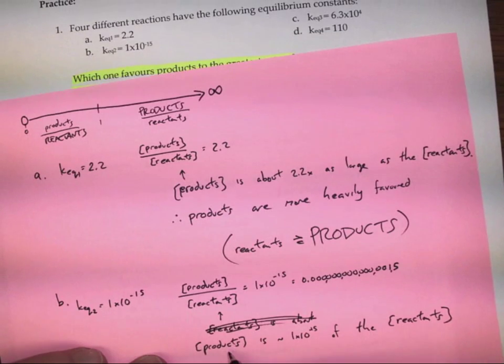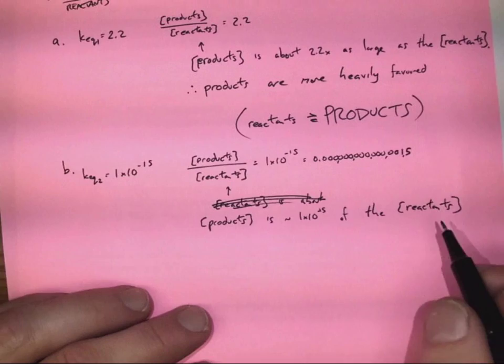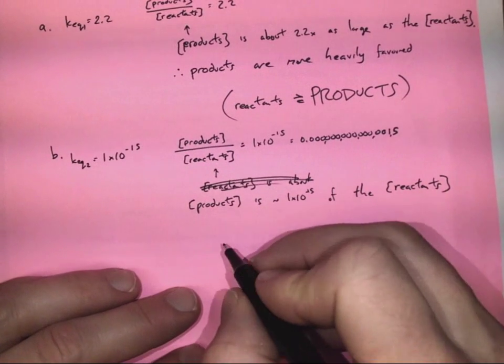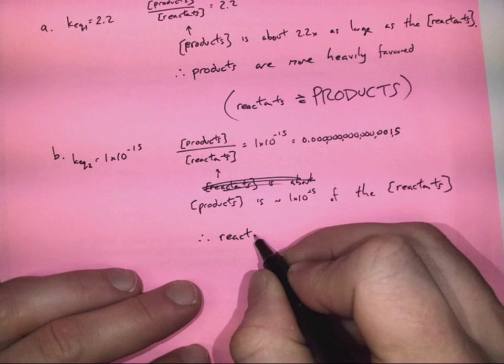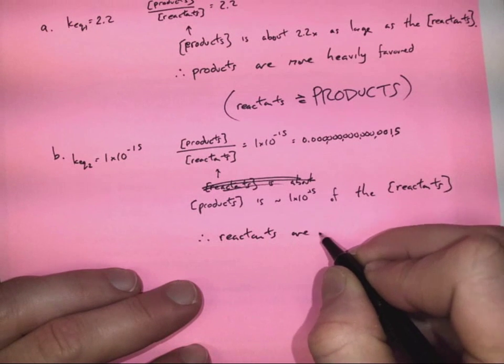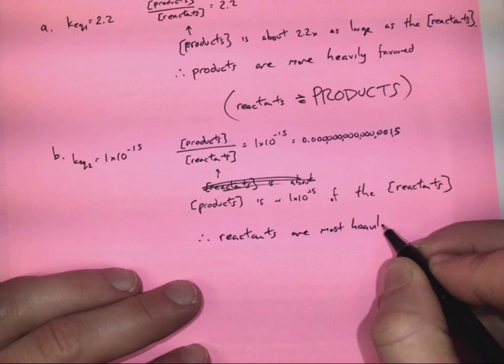So it's a much smaller value than the reactants are. Okay, and so that tells us that, therefore, our reactants are most heavily favored.